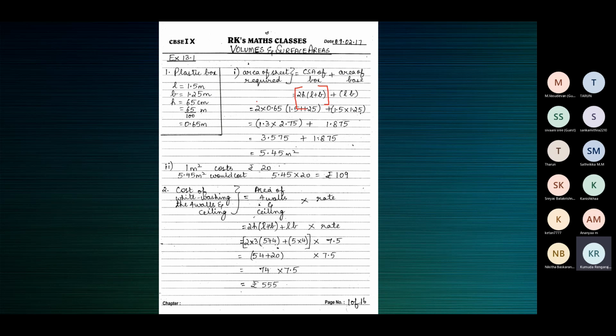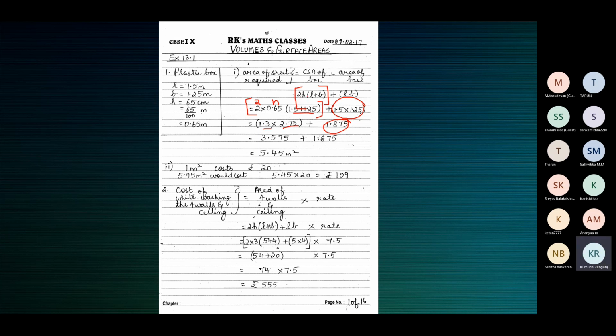2h into L plus B must be calculated separately. This is 2, this is h, this is L plus B. Then 2h into L plus B plus LB. The product LB is 1.875. For 2h into L plus B, 2 into 0.65 is 1.3, and L plus B, 1.5 plus 1.25, is 2.75.